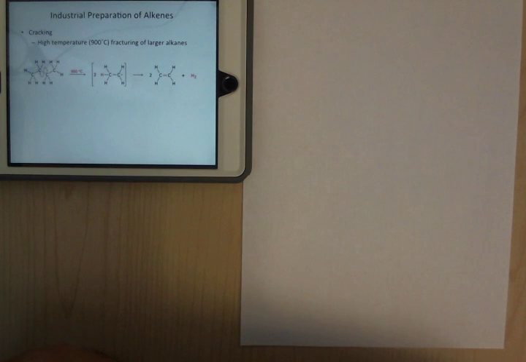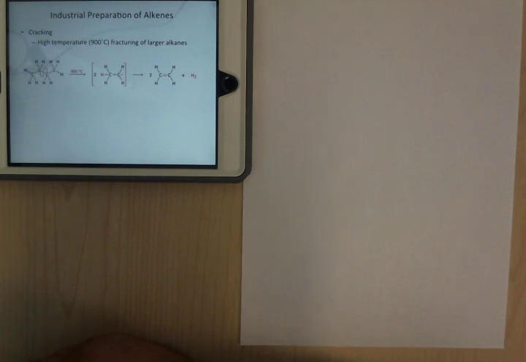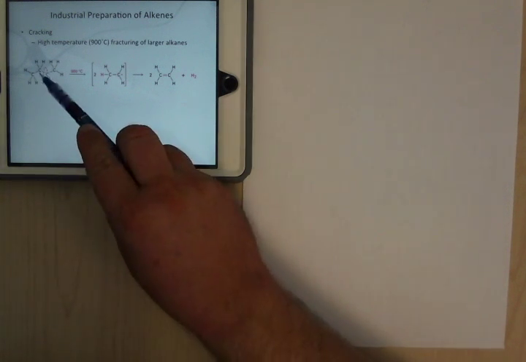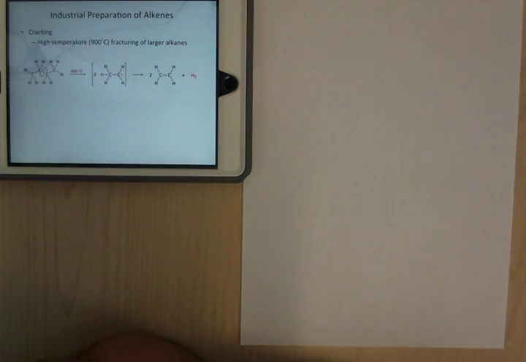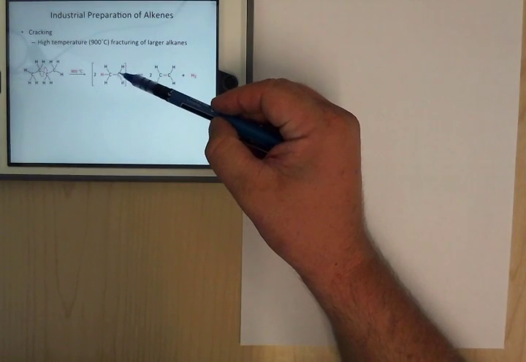So, okay, how are these made? They're actually made through what's called a cracking process, where you take these larger alkanes and heat them to very high temperatures, in some cases 900 degrees Celsius, obviously in the absence of oxygen and in the presence of catalysts, and they start to break down. The carbon-carbon bonds start to break, and so you get these carbon radicals.